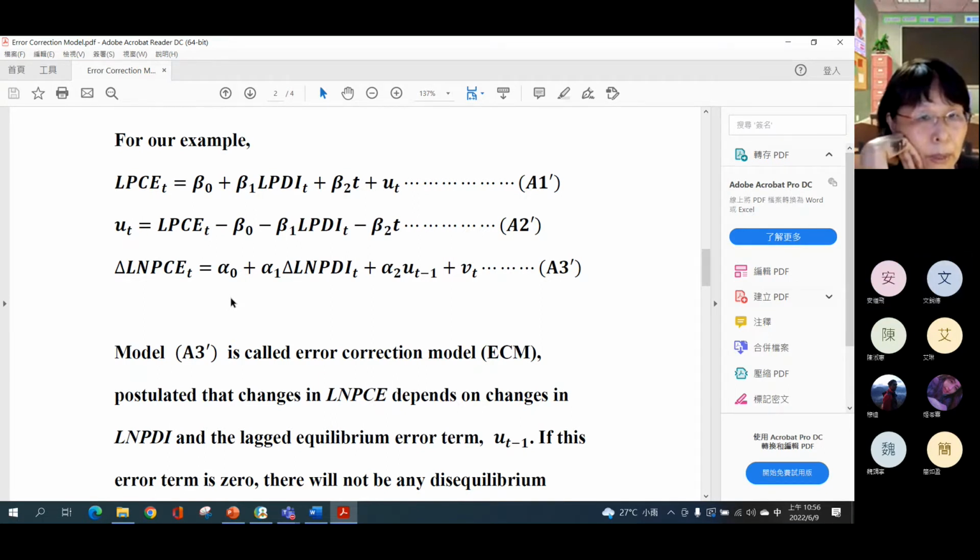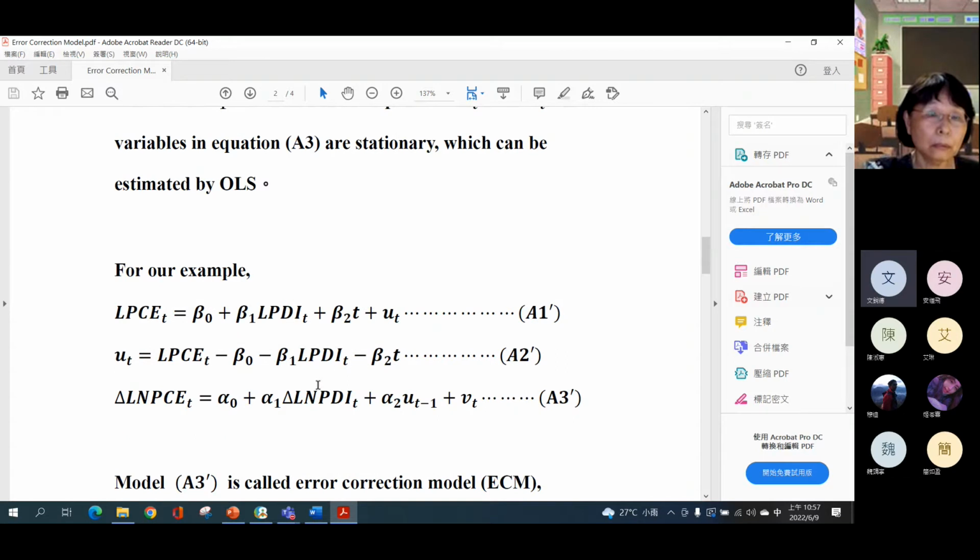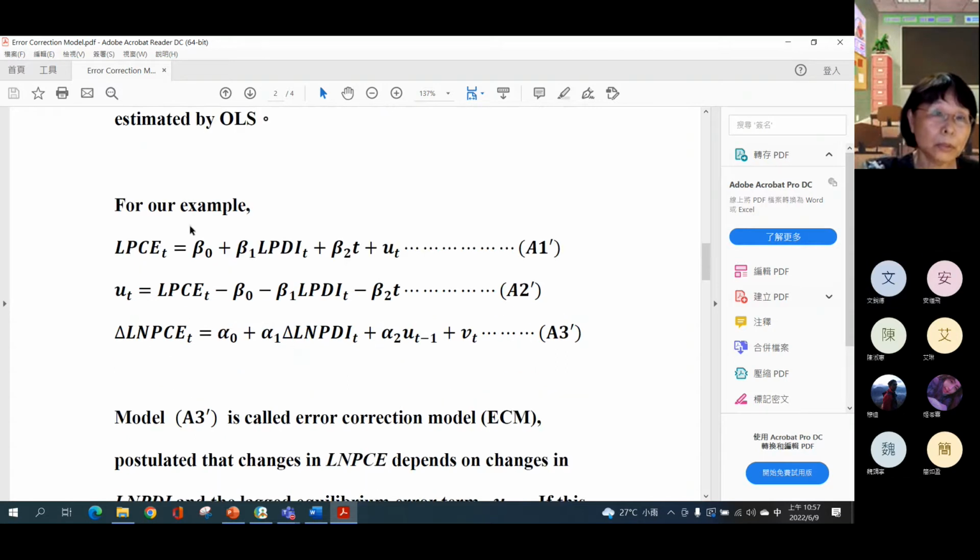I don't know what kind of textbook or articles you're reading. Actually, I'm watching online on YouTube, searching how to run an error correction model in Gretl, and that is the way they are showing us. So I'm just confused. Well, just for our examples, okay?